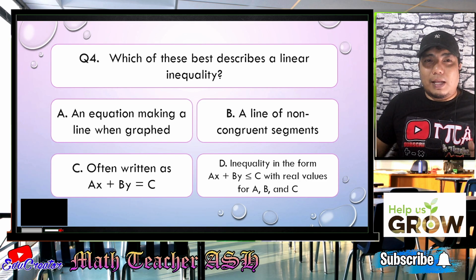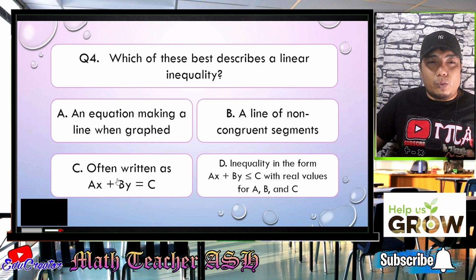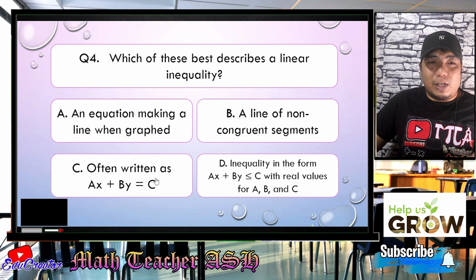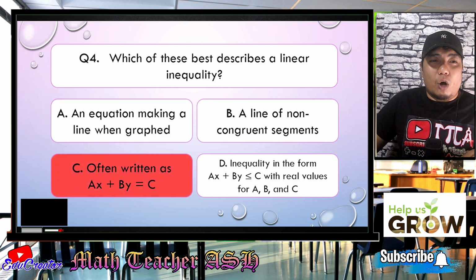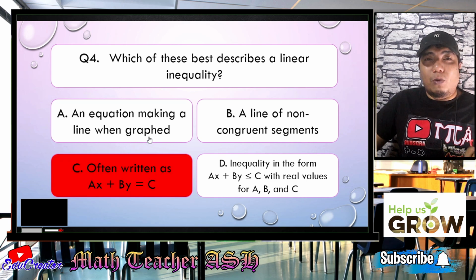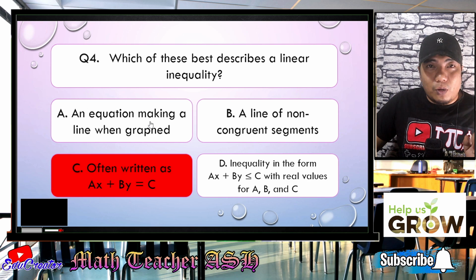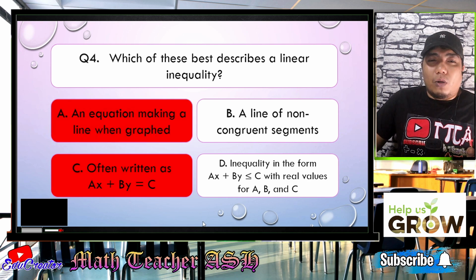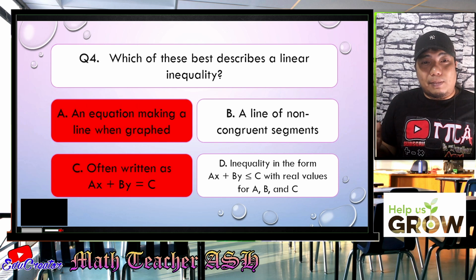Alright, my dear math learners, we are finding again linear inequality. So as we can see, among the 4 choices, there is an equal sign here. So letter C is automatically the wrong answer. Of course, letter A also pertains to equation. So therefore, it is also the wrong answer. Now, where is the linear inequality here, or which statement describes the linear inequality?